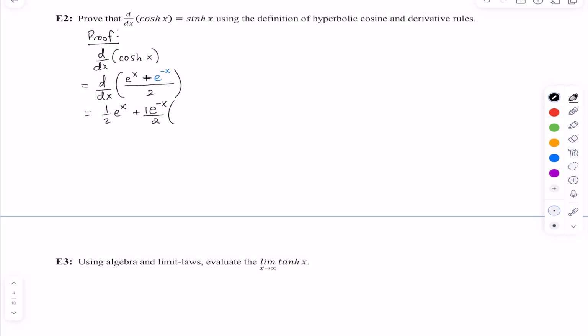So multiply by the derivative of the inside function, which is simply -1. Now rewriting the algebra, we get a nice pattern. We actually know what this combination of exponential functions is. This is the hyperbolic sine function of x.